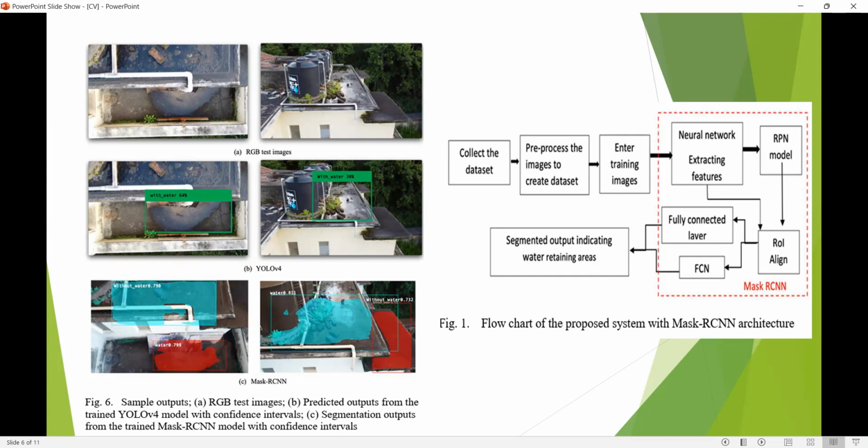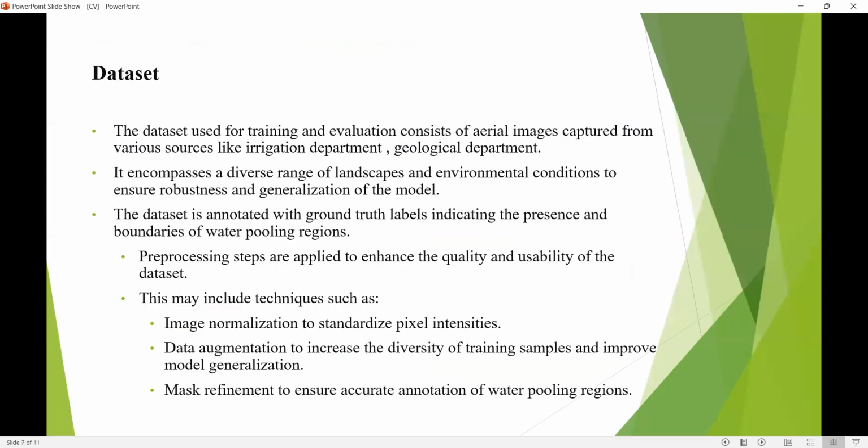The neural network extracts the features and passes them to the RPN model, which identifies the regions. Then the fully connected layer classifies the objects into water regions and non-water regions.